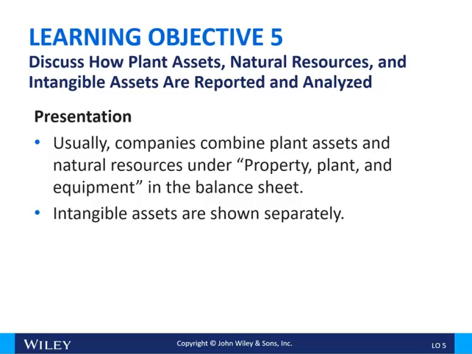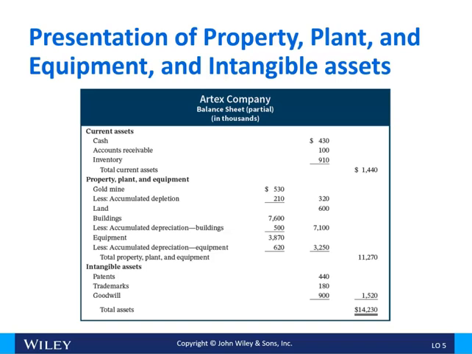So those were the categories. Here's an example where we have current assets, property, plant, and equipment, which includes plant assets and also natural resource, a gold mine in this case. And then we have some intangible assets.